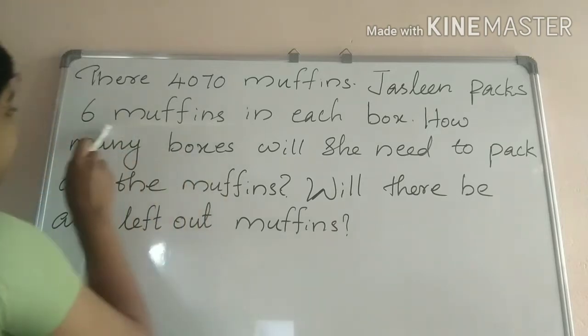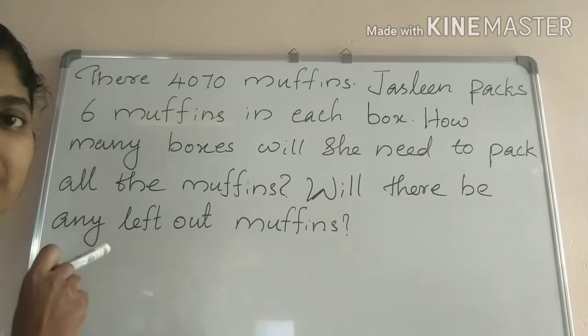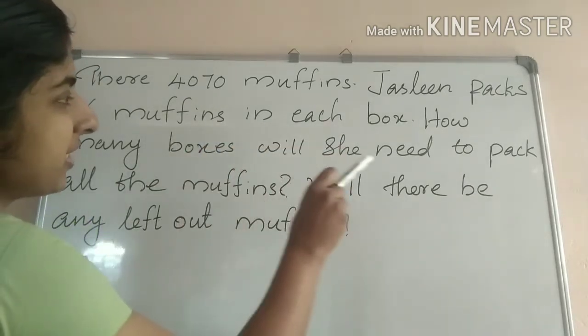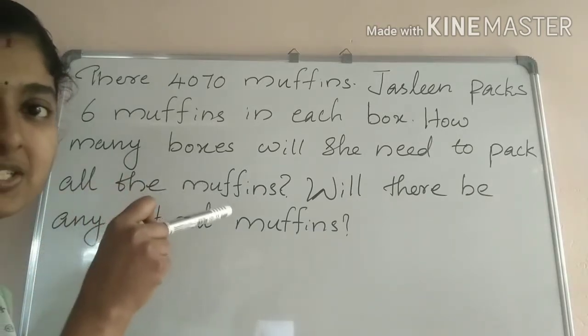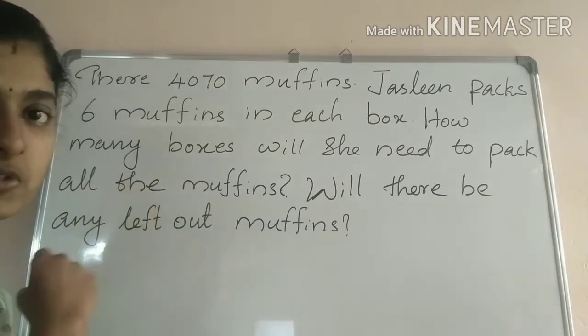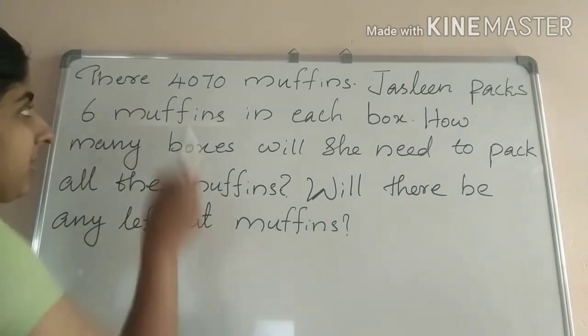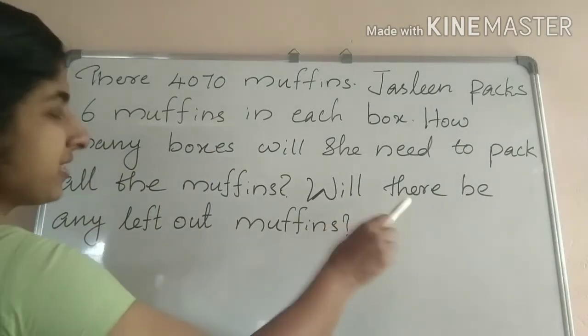Number of muffins in a box is 6. Then, how many boxes will she need to pack? Number of boxes needed. That is the first question. Then second question: after packing these 4070 muffins, how many muffins are left out?